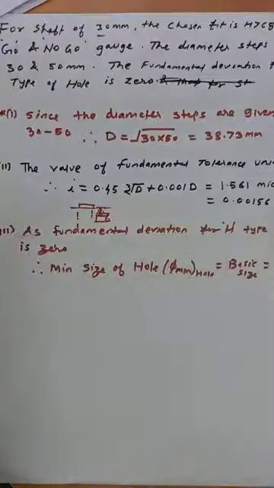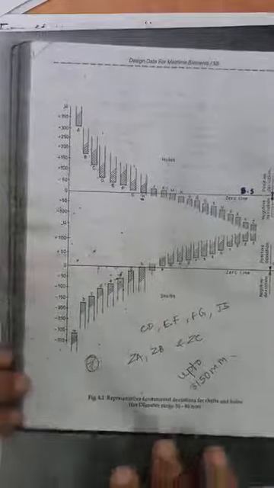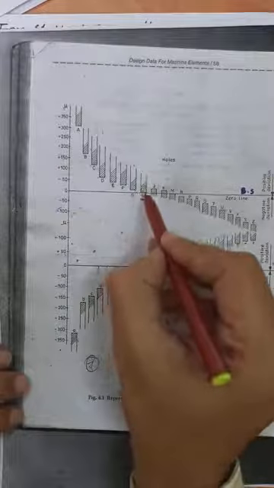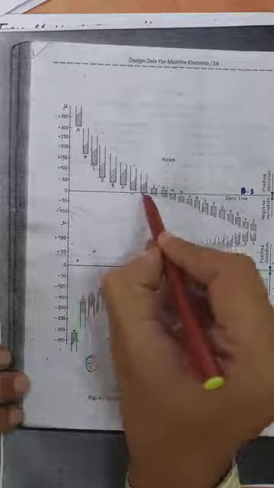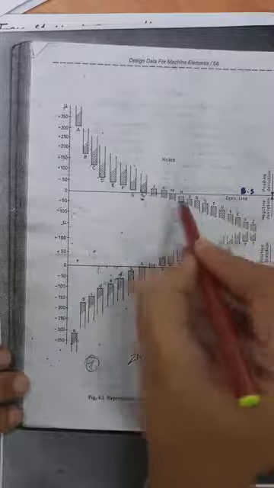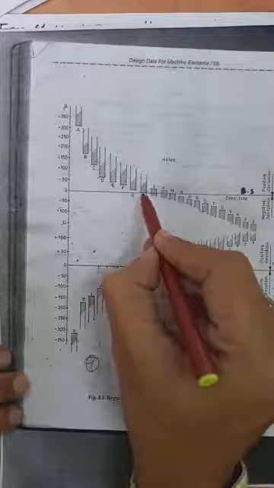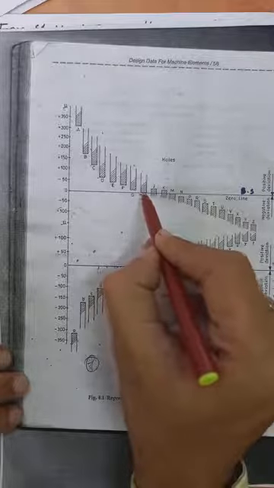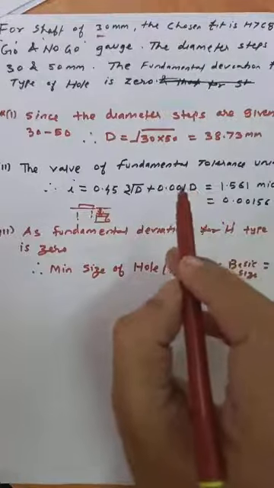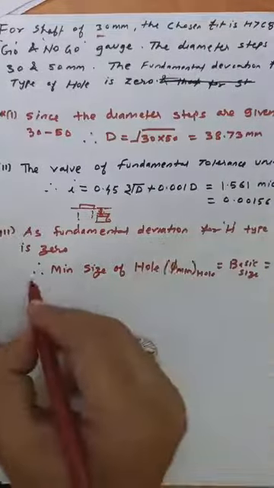So the fundamental deviation is to be found from this figure. For H type of hole the fundamental deviation is 0 because the lower limit is on the 0 line. So the lower limit or minimum size of the hole is equal to the basic size.